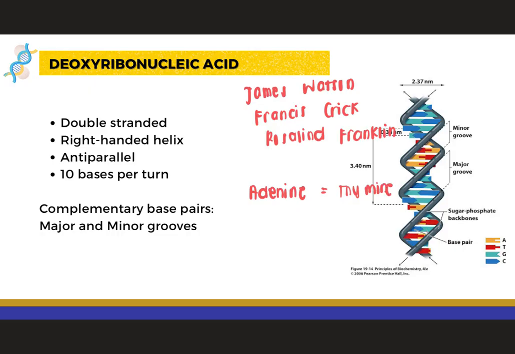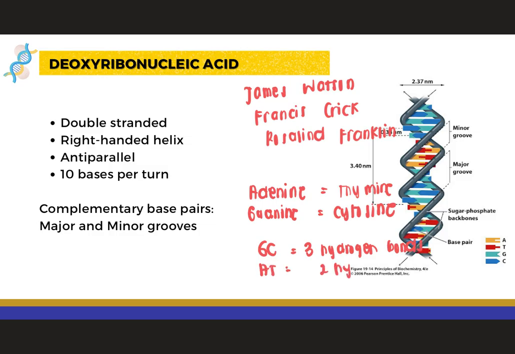Okay? And guanine naman, guanine should always pair with your cytosine. Please remember when it comes to the hydrogen bonding, GC bonding is composed of 3 hydrogen bonds, while your AT bonding is composed of 2 hydrogen bonds.